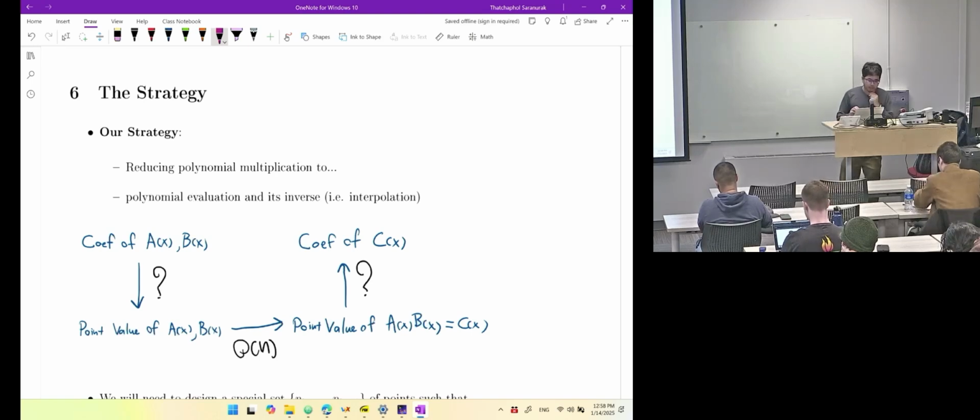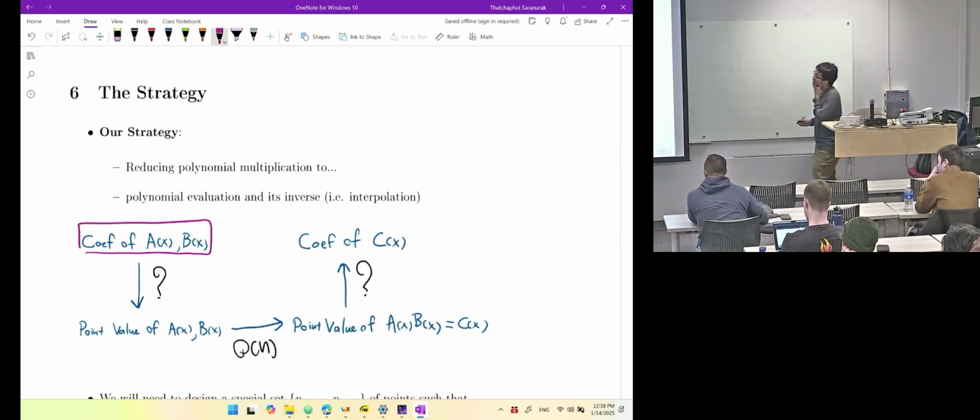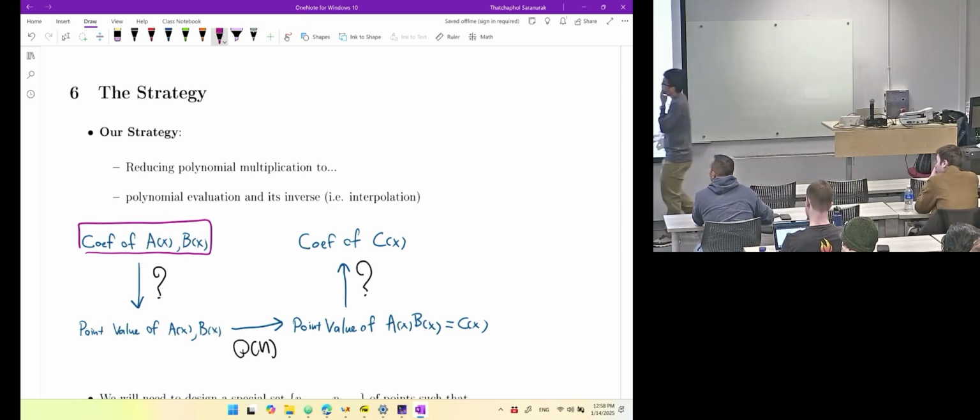What we're gonna do is, this is our input, which is the coefficients of A and B. We want to get the point value evaluation of A and B, to represent A and B in a different way by choosing some point set and evaluating them.